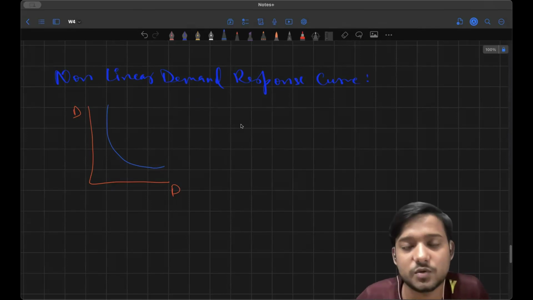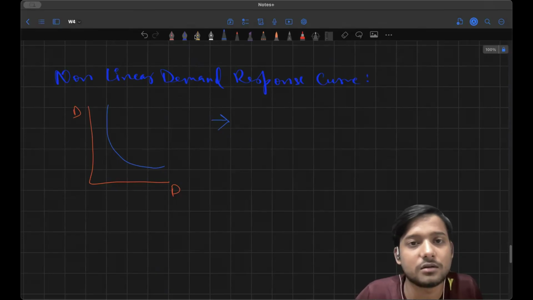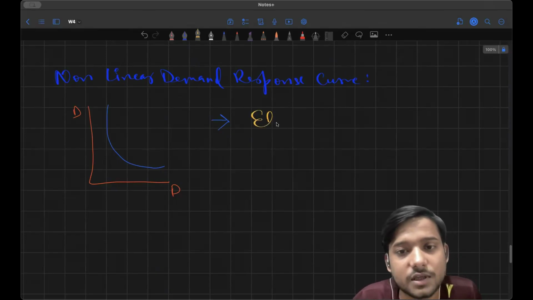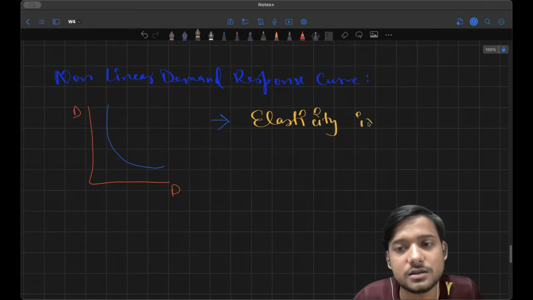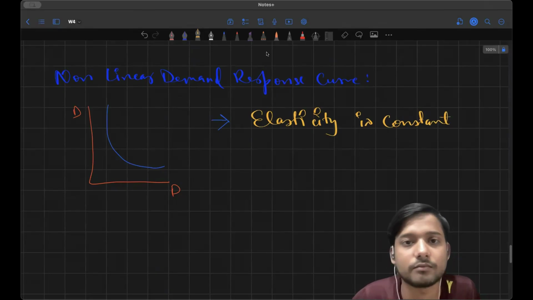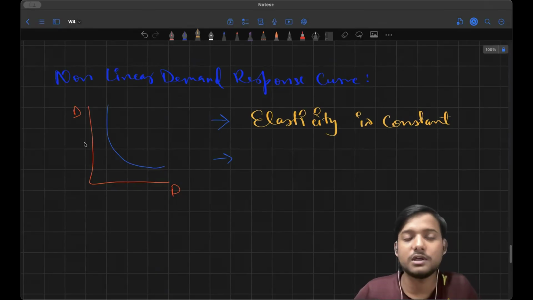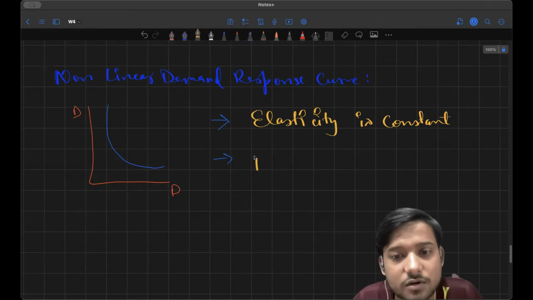So in this kind of situation, the biggest thing we should know is that elasticity is constant. And after this, what is going to be our equation? When we model this kind of curve, we have this kind of equation.